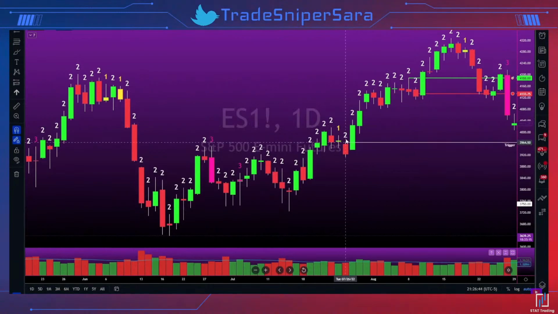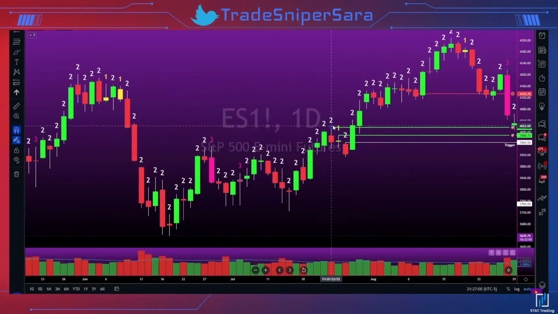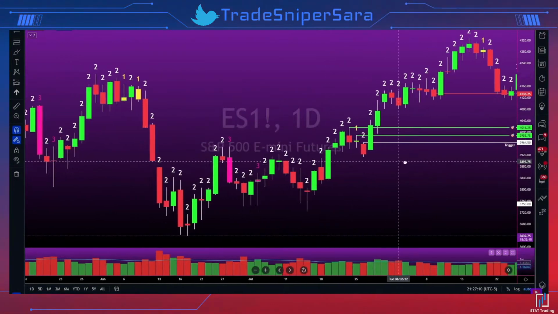Right here, we have a daily rev strat. So a 1, a 2 down, followed by a 2 up. Target 1 was right there. Target 2, your main target, is always to make a new pivot high to shake out people who were short against this pivot high.